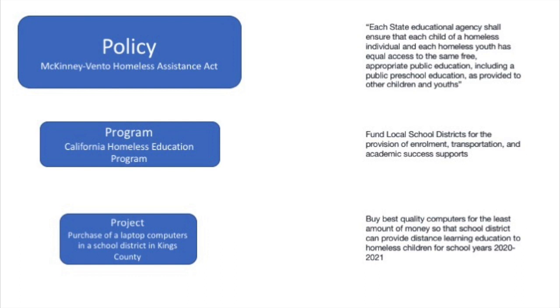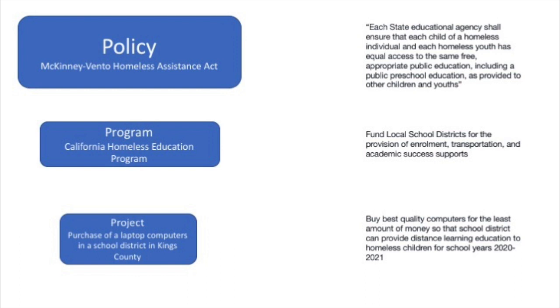Now, within this policy, and it's a large piece of legislation, but one of the titles within this act states that each state educational agency shall ensure that each child of a homeless individual and each homeless youth has equal access to the same free, appropriate public education, including a public preschool education, as provided to other children and youths in that state or community.